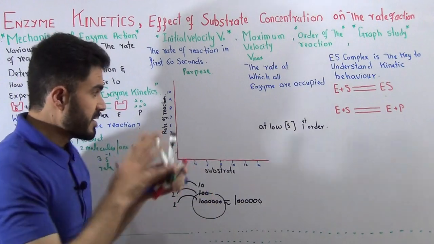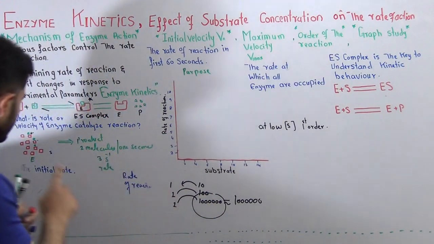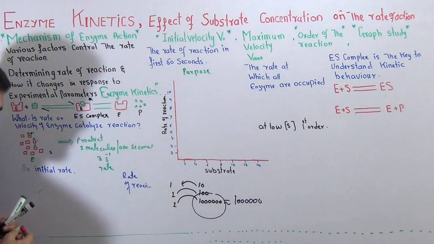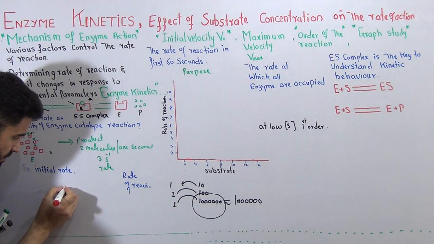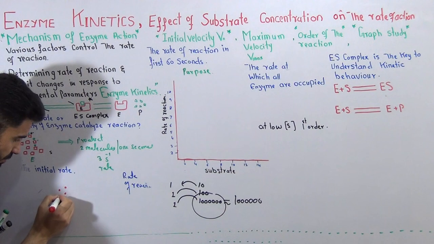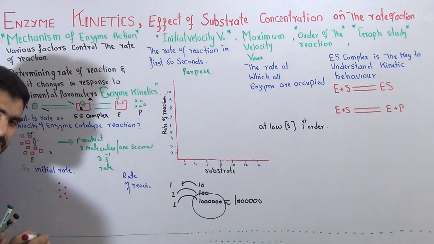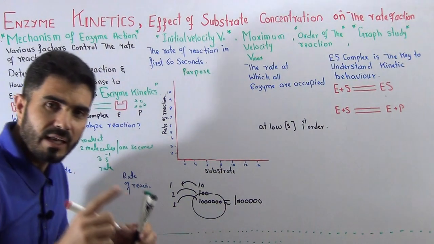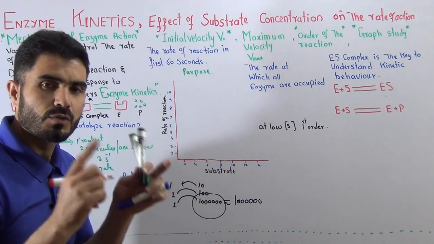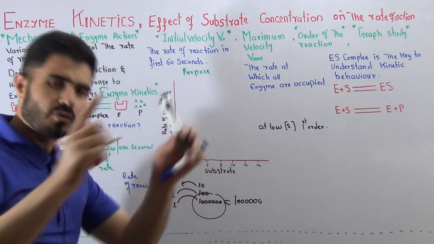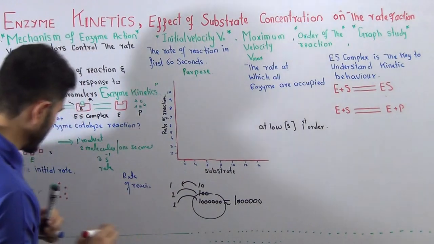In case of an enzyme reaction, let's suppose these are enzymes 1, 2, 3, 4, 5, 6. In reality, inside our body, enzyme concentration is a very small concentration.